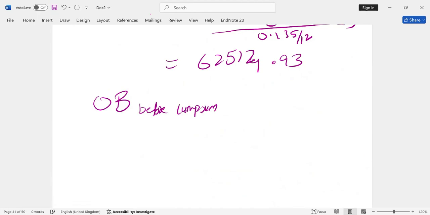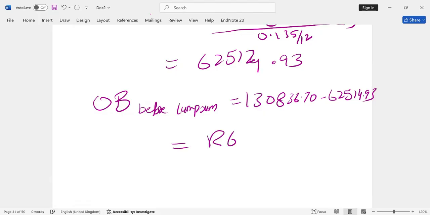This equals 130,836.70 minus 62,514.93. So the answer is we have R 68,321.77. Okay, so this is the balance.